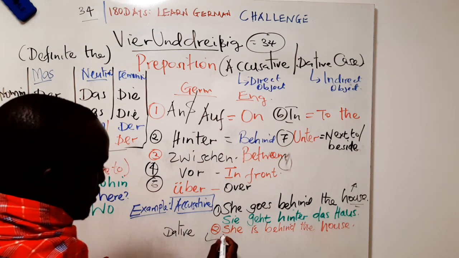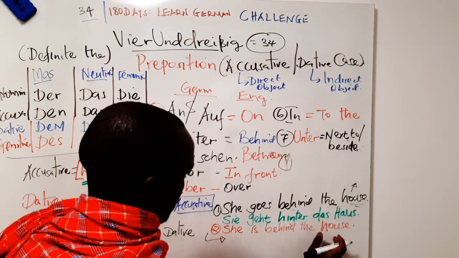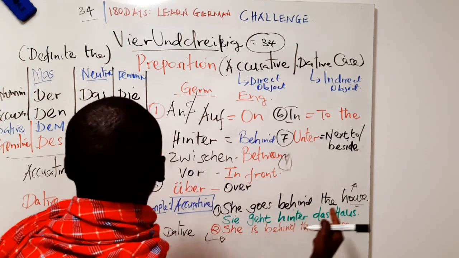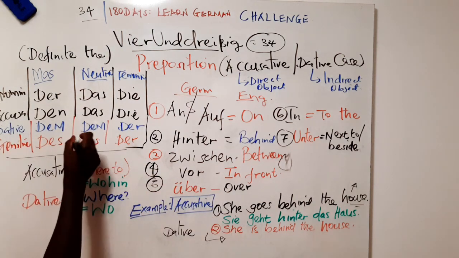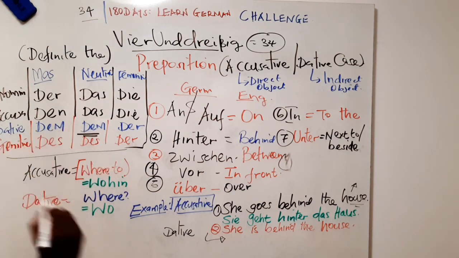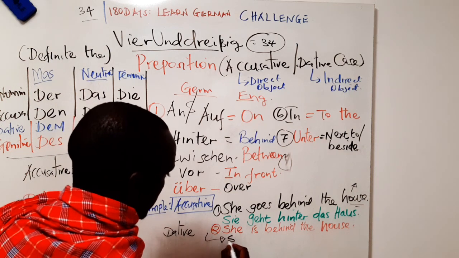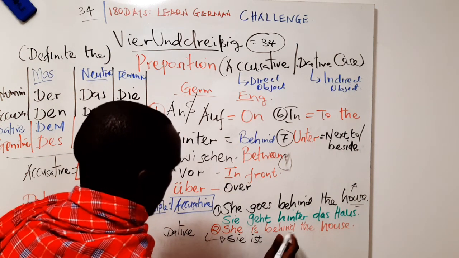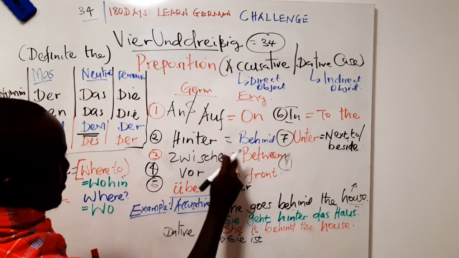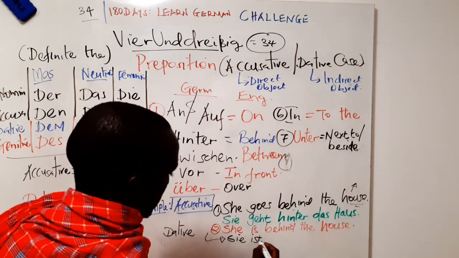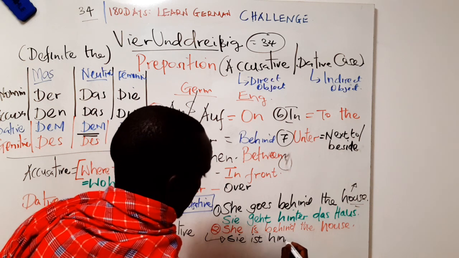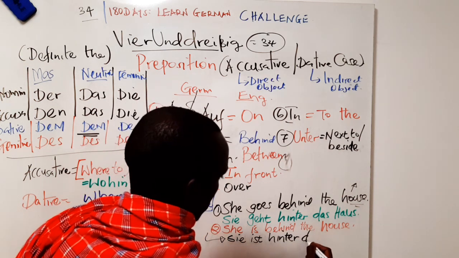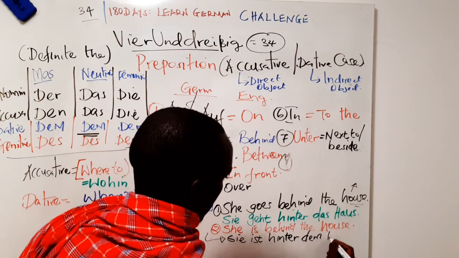The house will be in the dative case, and the dative case of neutral will be dem. So: Sie ist hinter dem Haus.